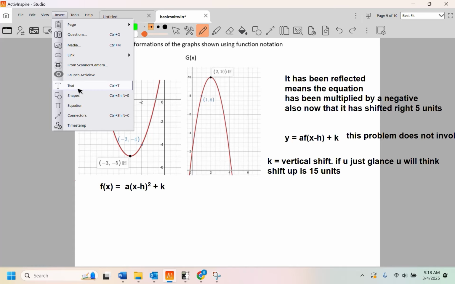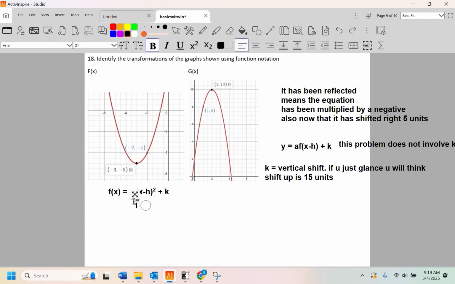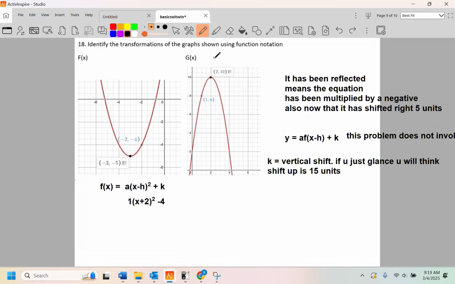So a is 1. If we take away a -2, we get +2, quantity squared, and then -4. All right, hopefully you're good with that. It has become something else.